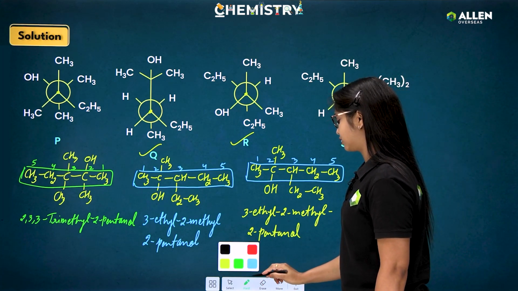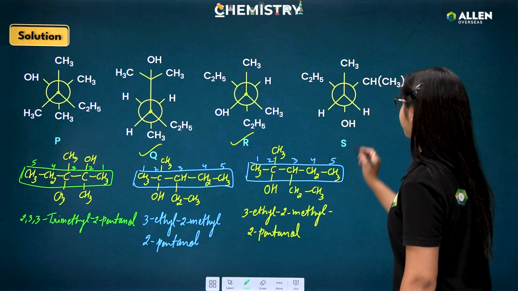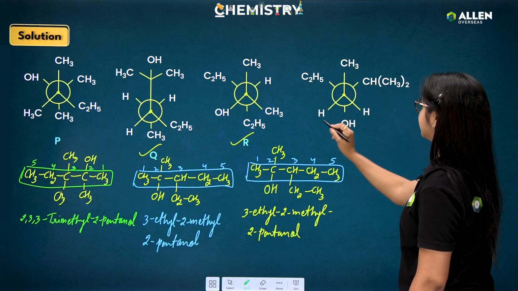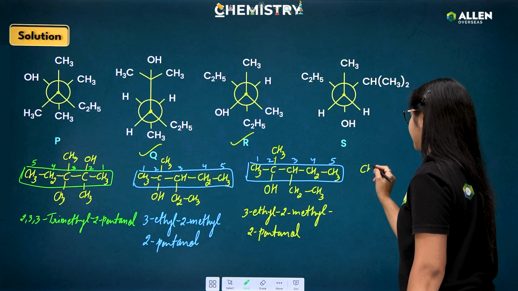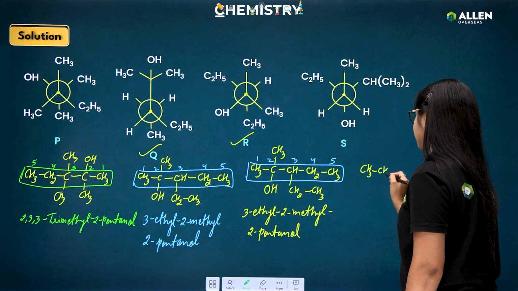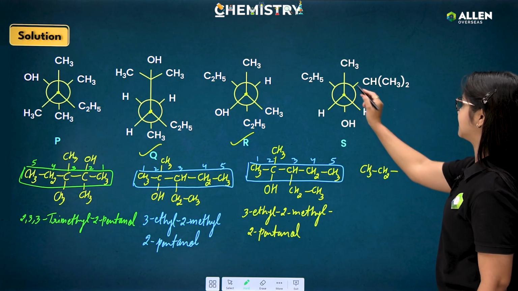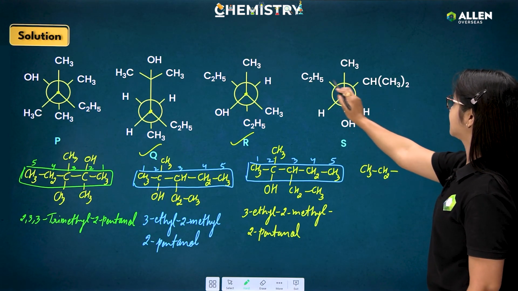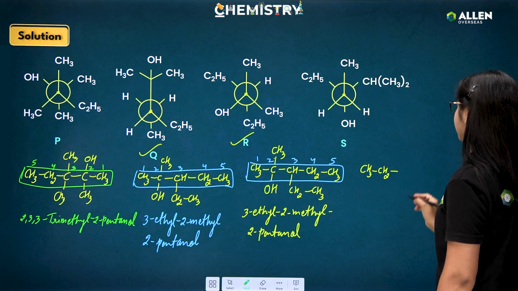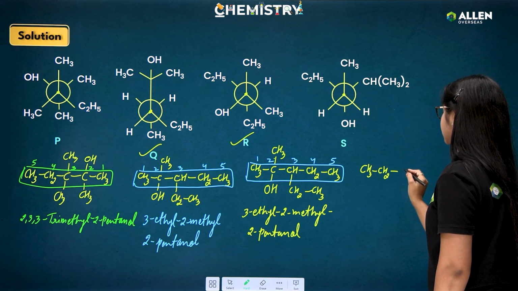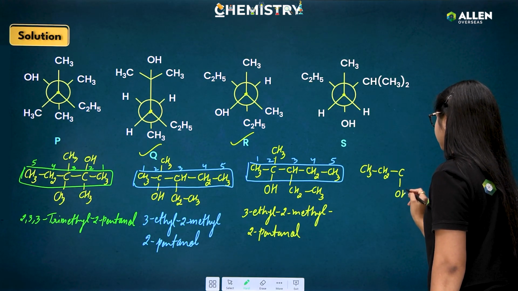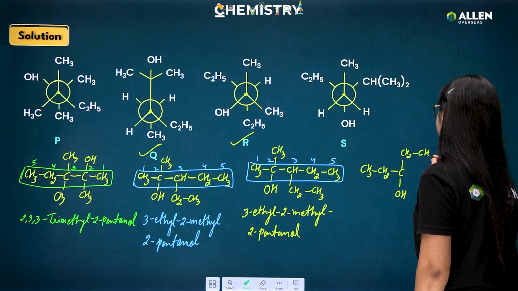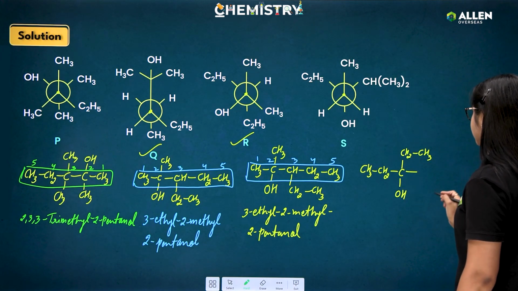Now let's talk about the last one as well. This is the front carbon. So front carbon is having one methyl and two hydrogen. So CH3, CH2, okay. Now at the back carbon you have OH, ethyl and this isopropyl group. So this carbon is having OH, ethyl, CH2, CH3 and one isopropyl group.